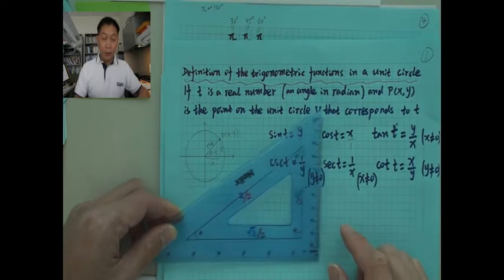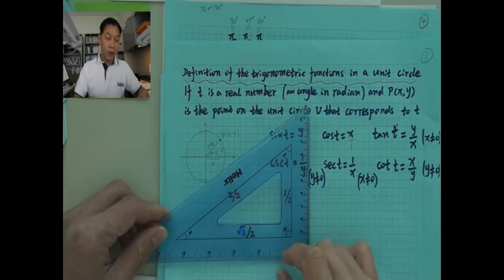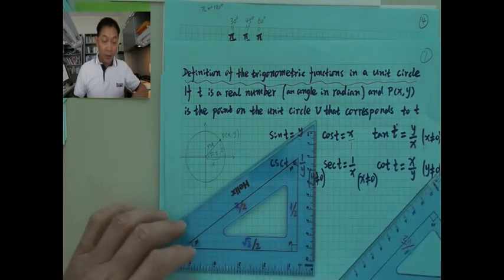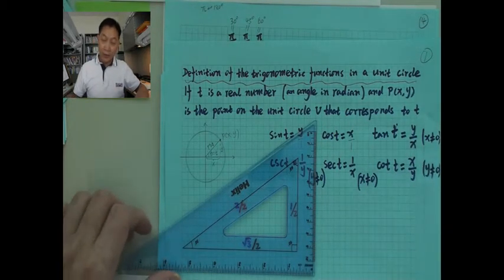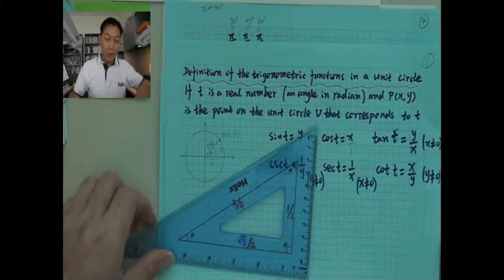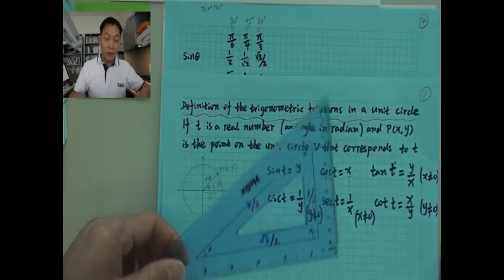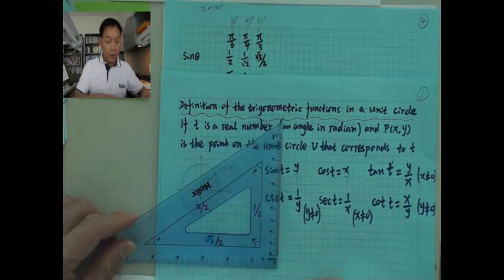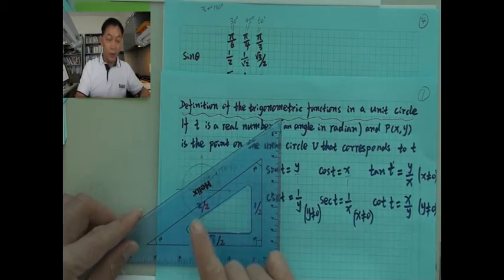Remember, you may mark those values on your rulers. In this way, you don't have to memorize the special values for sine. You see here, what's the sine? Sine 30 degrees is 1 over 2.